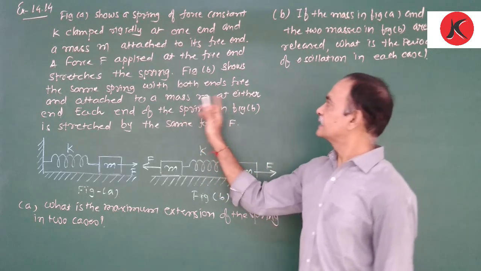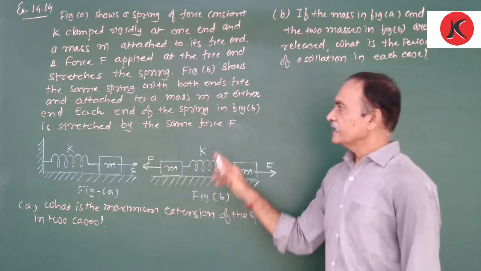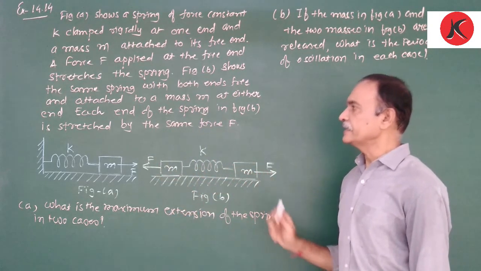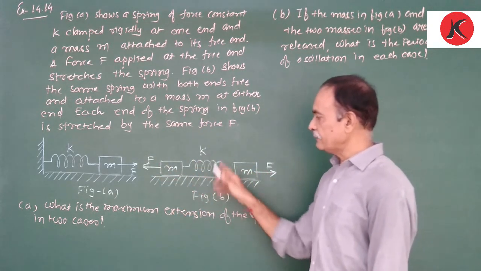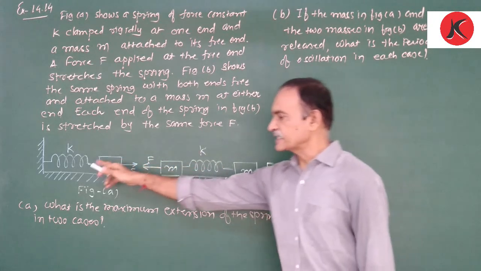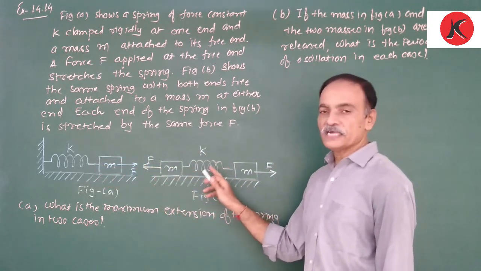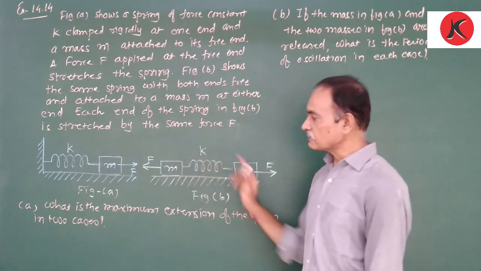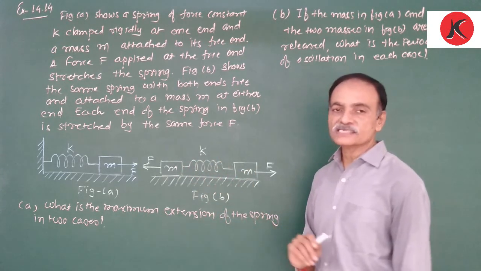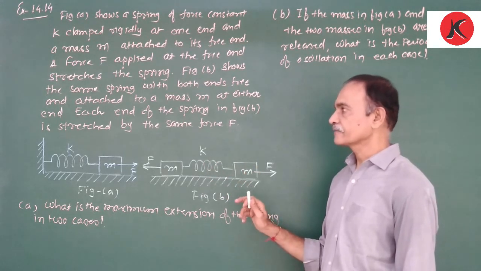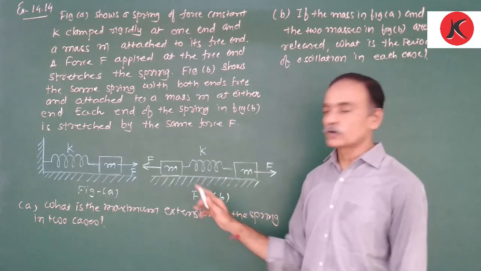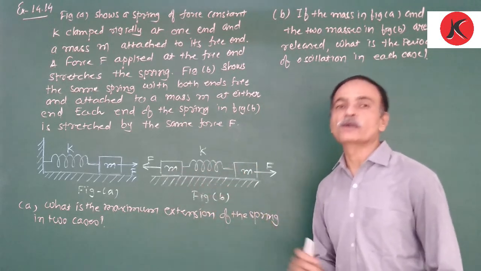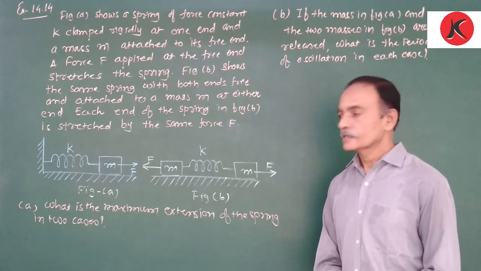At each end of the spring in figure B, the same spring is placed on a horizontal surface, and at both free ends blocks of equal mass M are tied. Now we apply an equal force F on both bodies.